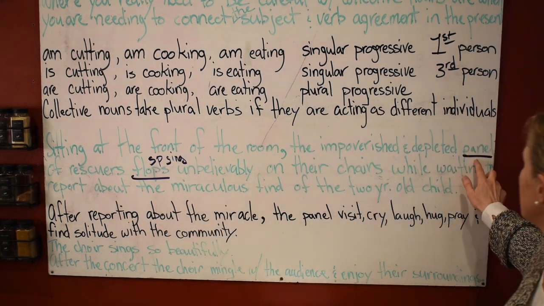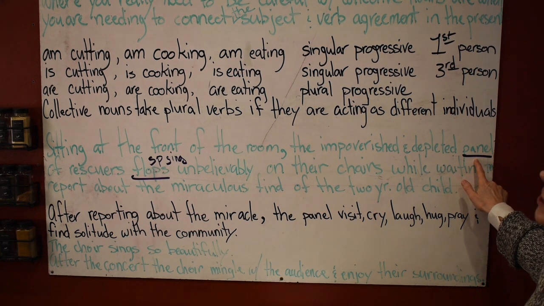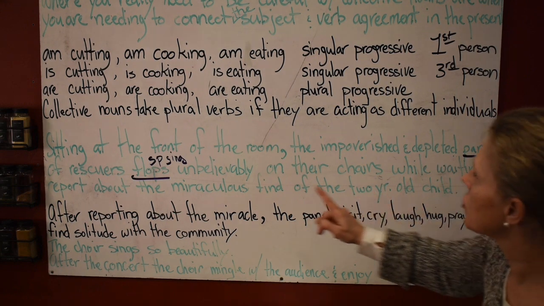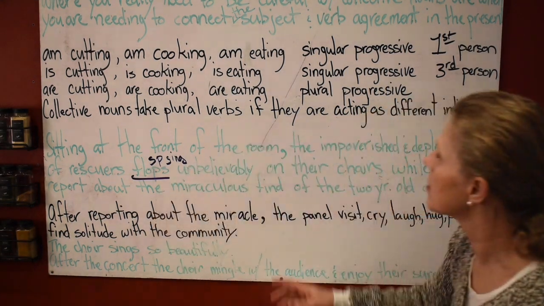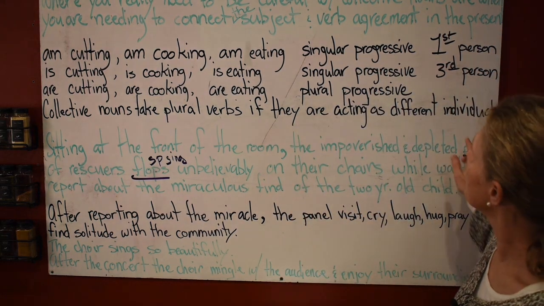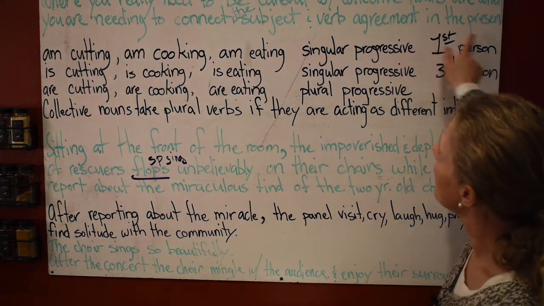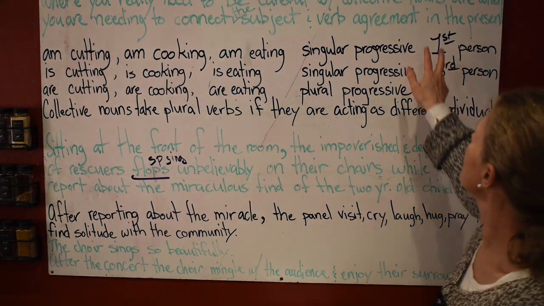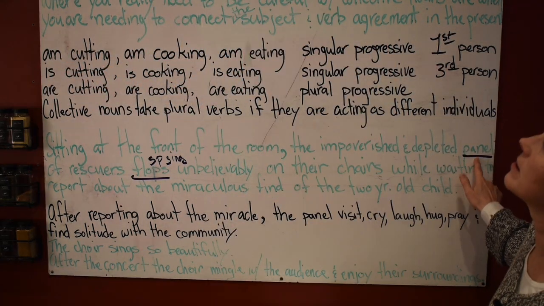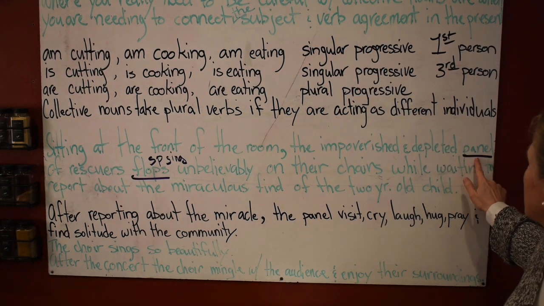All right. And your collective nouns are going to be what person? Third person. Do you see that? And so you're going to really need to make sure that you are using the correct third person. So see, like right here, you're not going to have to worry about the am with collective nouns, are we?